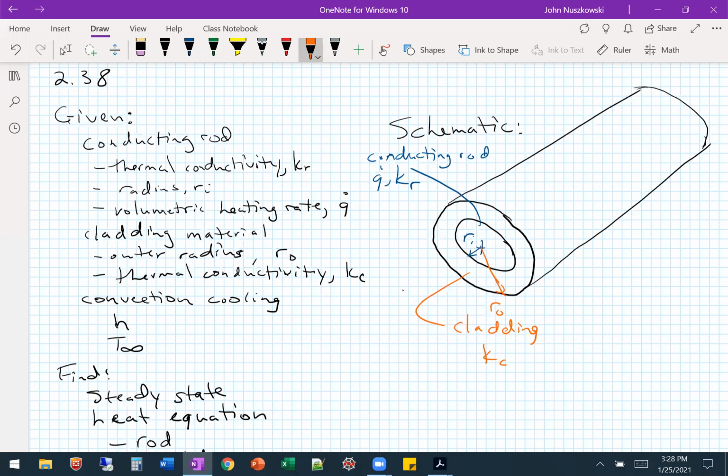All right. And then we have some fluid, a convection coefficient, and T infinity. Okay.